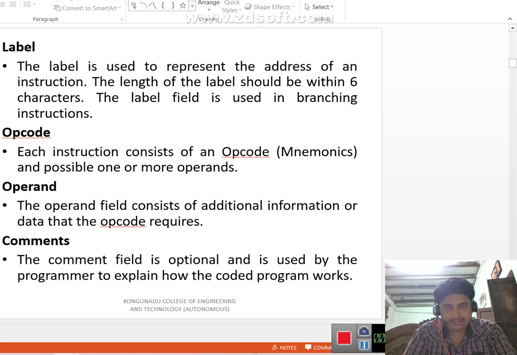These are the label definitions. Then the opcode: I already said it is an instruction. Every instruction consists of an opcode, that is a mnemonic. After that, the operand consists of information or data. Then what is a comment? A comment is used by the programmer to describe how the code works.